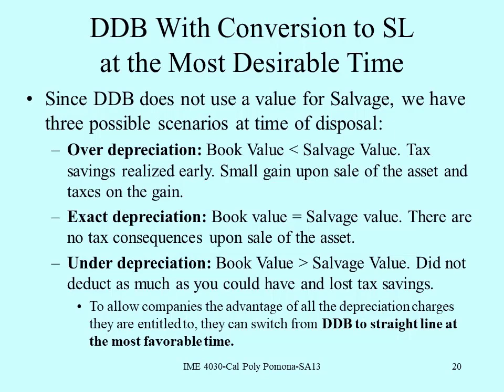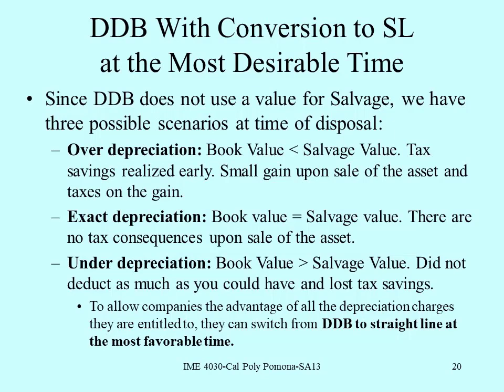Well, what the government allows is what's called conversion to straight line in the most favorable year. And if you see that your accelerated depreciation is going to come out too high, you can convert somewhere along the line to straight line for the rest of the depreciable life and depreciate straight down to the salvage value. And that's called conversion to straight line.